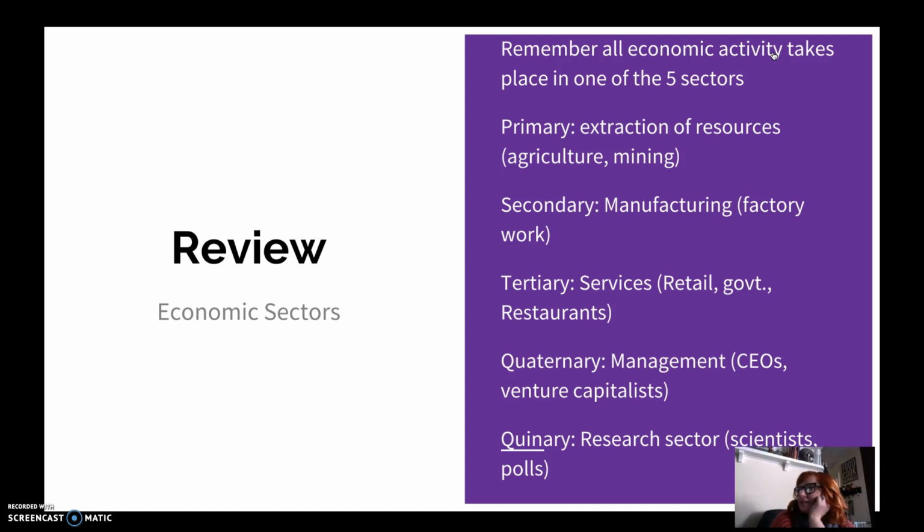Tertiary is most jobs, actually: lawyers, teachers, anything where there's a service, retail, restaurants, all of that stuff. Anything where you're disseminating something, right? So if primary is getting the stuff, secondary is making the stuff into things, tertiary is the distribution of those things, okay?